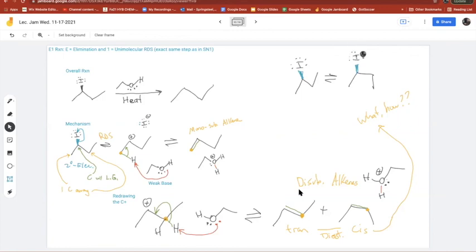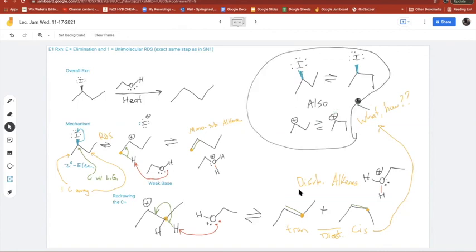It switches around so that you can see maybe, oh, wait, if this forms the carbocation, then it can lead to that one, right? Also, once you have the carbocation from either one, it can rotate around before it becomes the alkene, right? So that's why you get both of those.